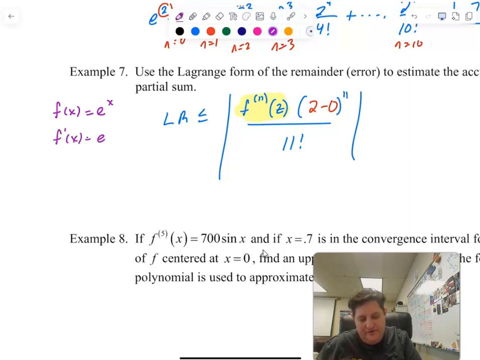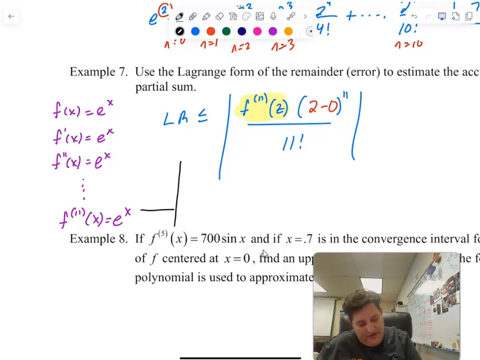So what's the first derivative? E to the x. What's the second derivative? E to the x. What's the 11th derivative? E to the x. Now you have to have a little background information on e to the x to know this. Do you guys remember what e to the x looks like when you graph it? It's an exponential. It goes like that.